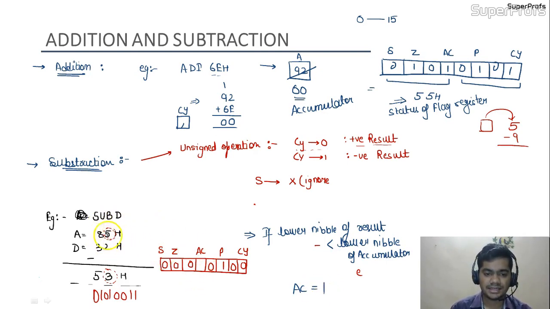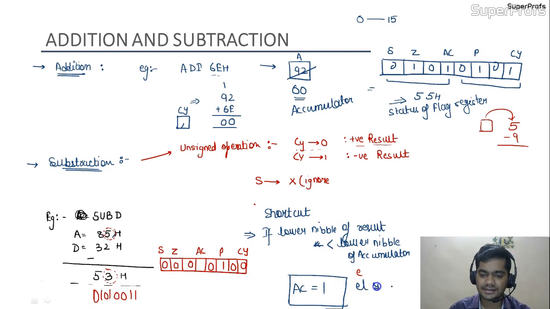Okay, so in this operation, we can see that the lower nibble of the accumulator is 5 and the lower nibble of the result is 3. As the lower nibble of the result is less than the lower nibble of the accumulator, the auxiliary carry flag would be set. So this can be regarded as a shortcut. Else auxiliary carry would be 0. So here you can write 1. So this is the status of the flag register.